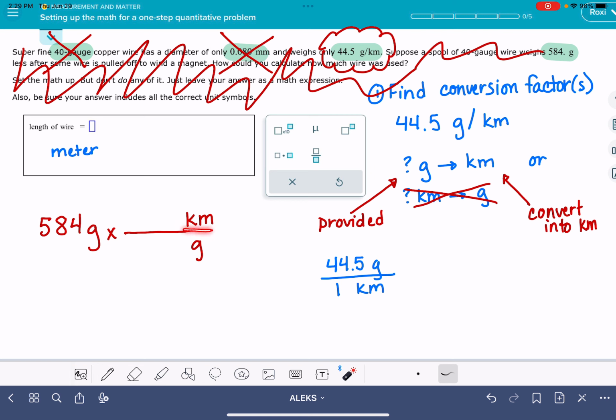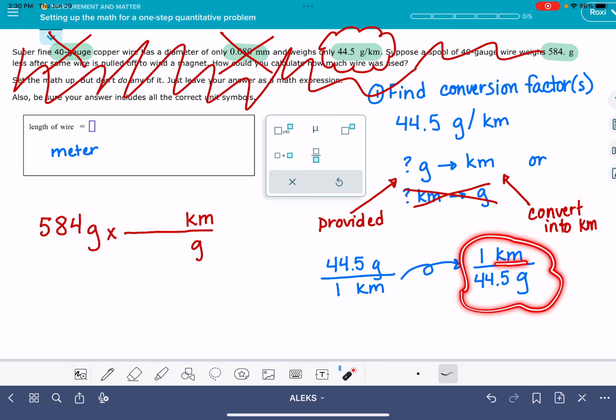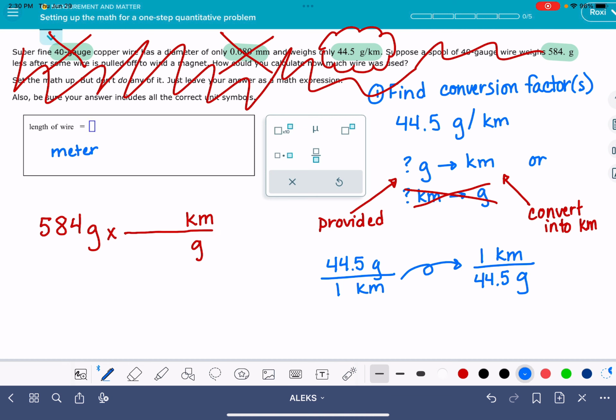And so I need a conversion factor that has kilometers on top. This version of the problem has kilometers on the bottom. In order for me to make this into a useful format, I'm just going to flip that conversion factor upside down. Not only am I flipping the units, but I'm also flipping the numbers as well. 44.5 belongs with grams, so it needs to stay with grams. In this format, kilometers is on top, which is exactly where I want it, and that's what I'm going to be plugging into my conversion.